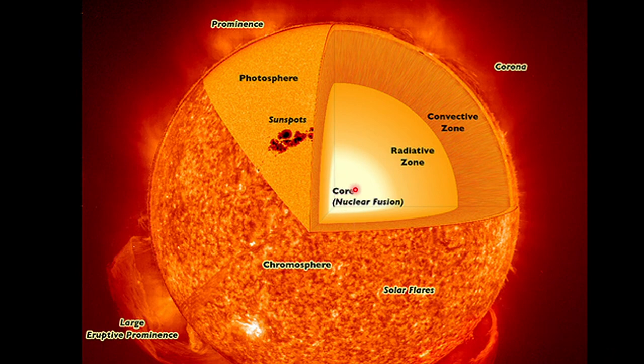They're generated here in the core by nuclear fusion. The sun has a diameter of about 1.4 million kilometers. And that means that the photons of gamma rays have to travel through 700,000 kilometers before they get to the surface of the sun, what's called the photosphere.